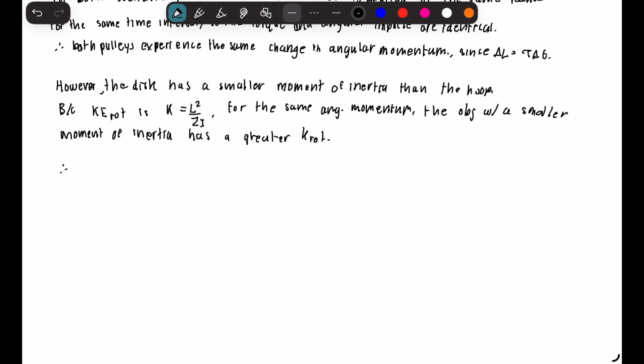Therefore, the change in rotational kinetic energy is greater for the disk than the hoop.